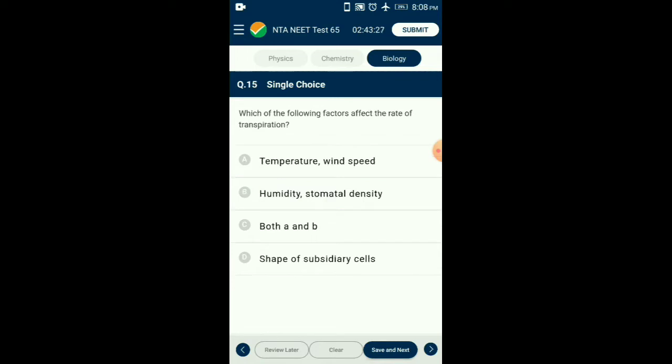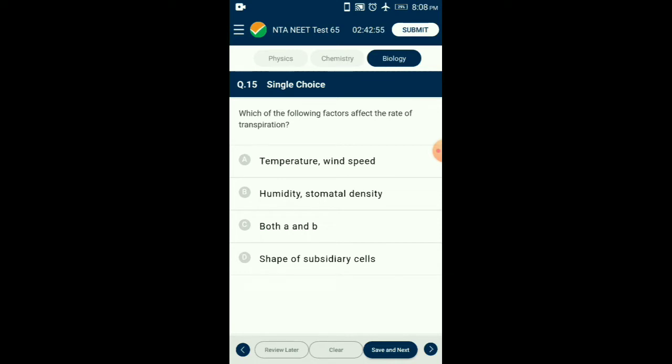Question number 15. Which of the following factors affect the rate of transpiration? The rate of transpiration increases with increase in temperature, but at very high temperature, transpiration decreases due to closure of stomata. Light promotes the opening of stomata, thus increasing transpiration. Increase in humidity increases the opening of stomata, but decreases diffusion of water vapors out of stomata.